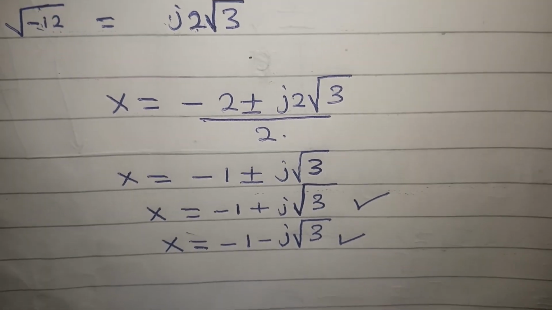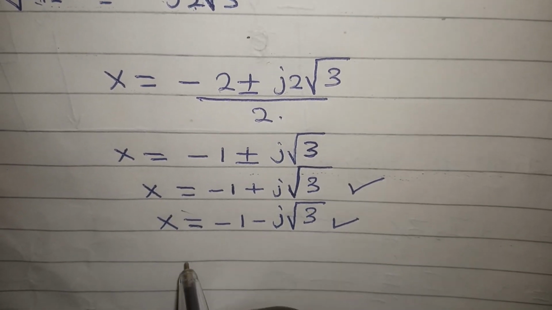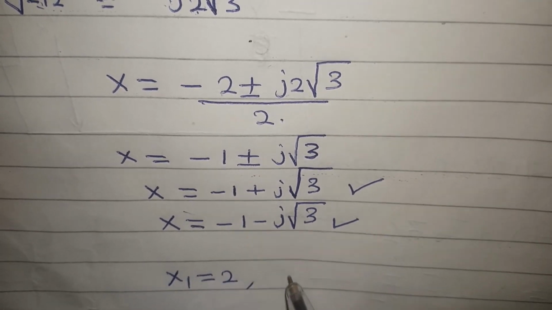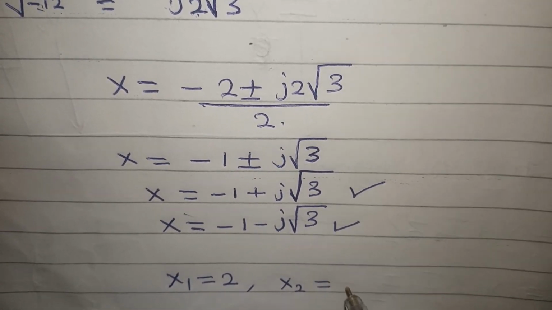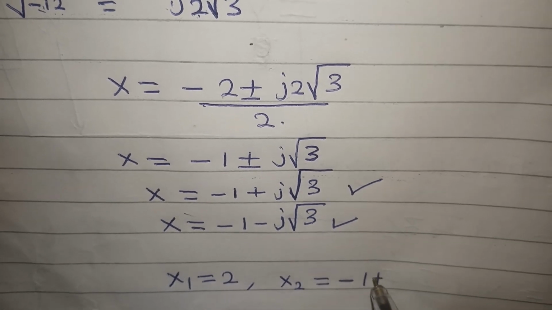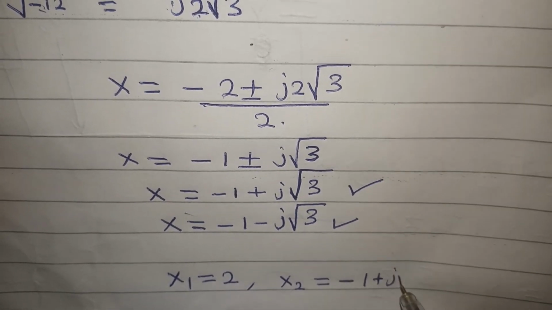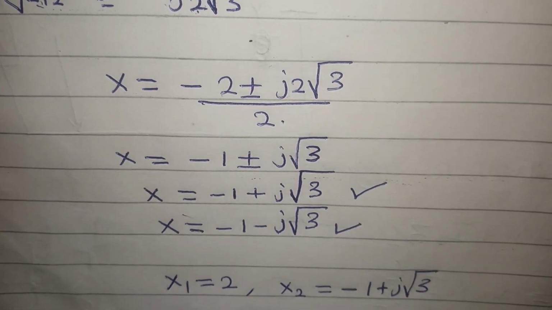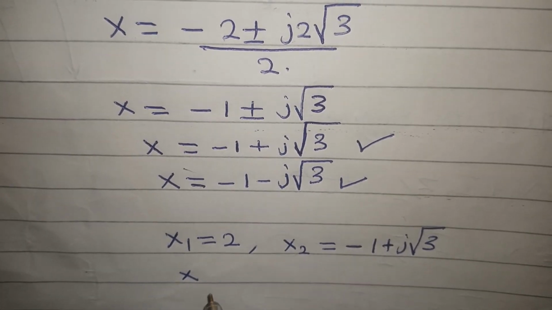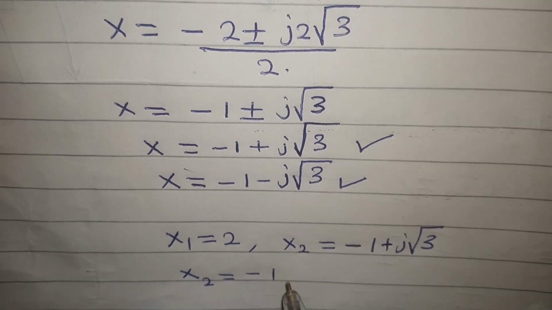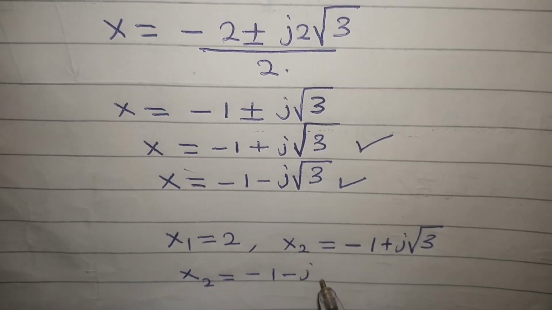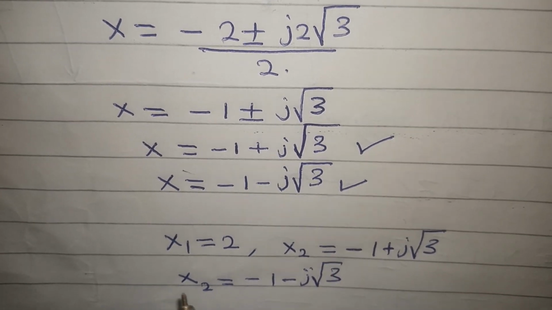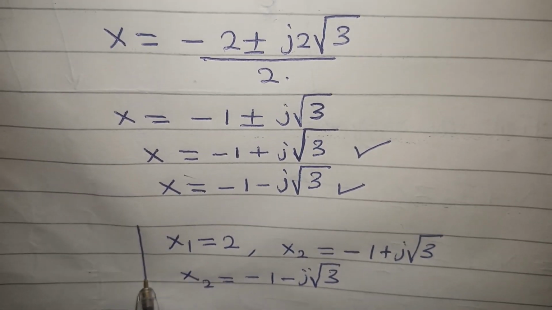If we want to simply write it, x1 is equal to 2, x2 is equal to minus 1 plus j root 3, then x3 is equal to minus 1 minus j root 3. So these are the values of x in this math challenge.